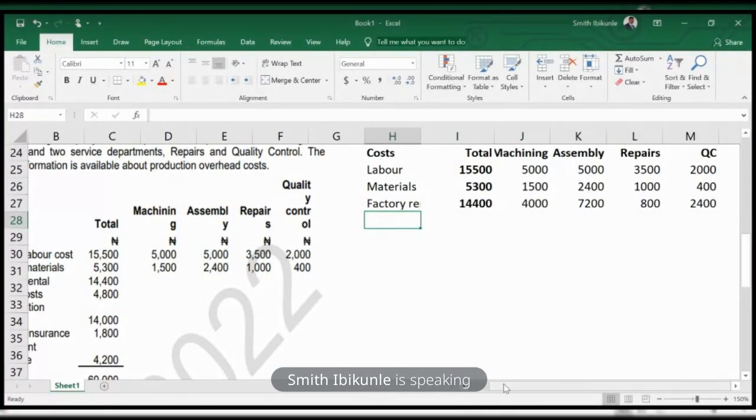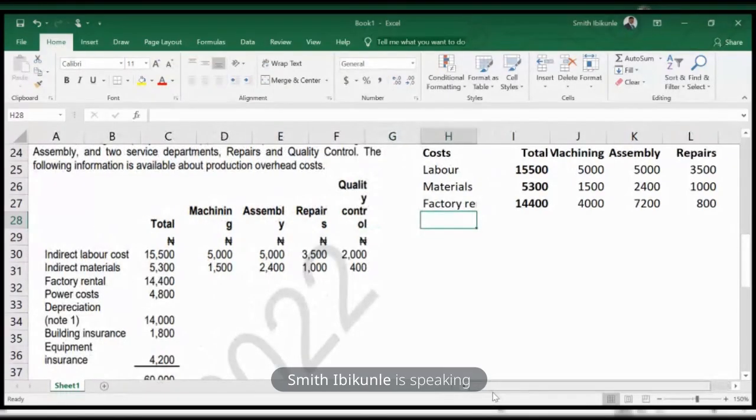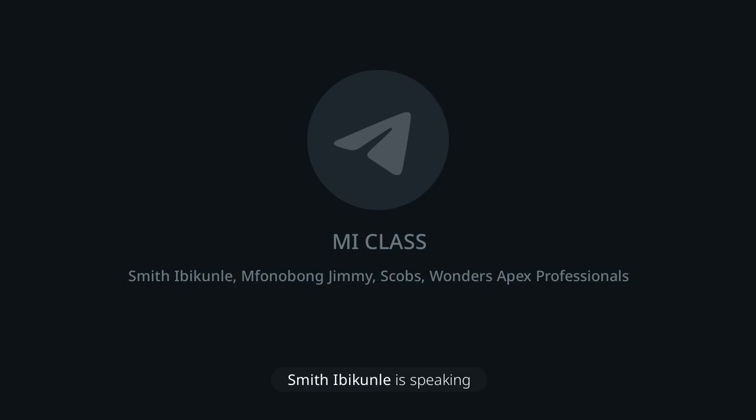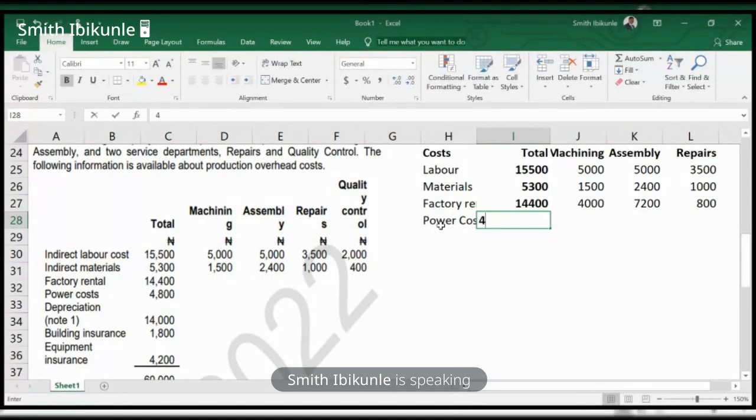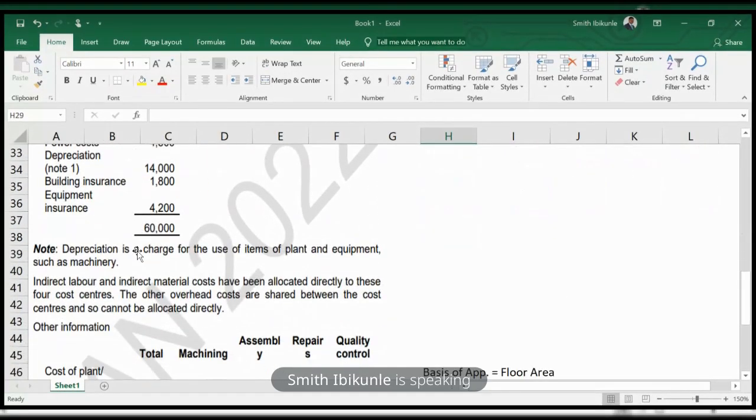Then I'll start again. All right, so the next one after factory rent is what? Power cost. Power cost is how much? Power cost is 4,800. So we come to our base of apportionment. Which one is the best base of apportionment to share power cost?